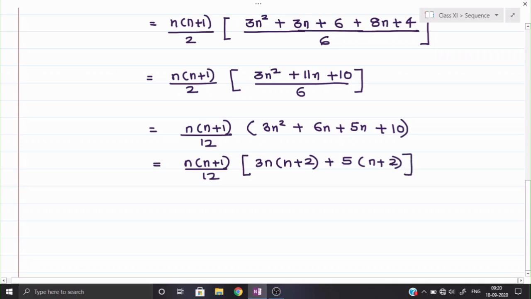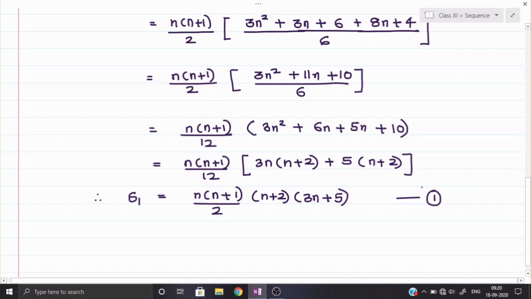N plus 2 will be common, and finally we can say that the value of S1 we got. I tried to write down the value of S1 in the form of factors. So when we find the value of the denominator, some common terms can be easily cancelled. Okay, into (n plus 2) and then into (3n plus 5). This will be our equation number 1.